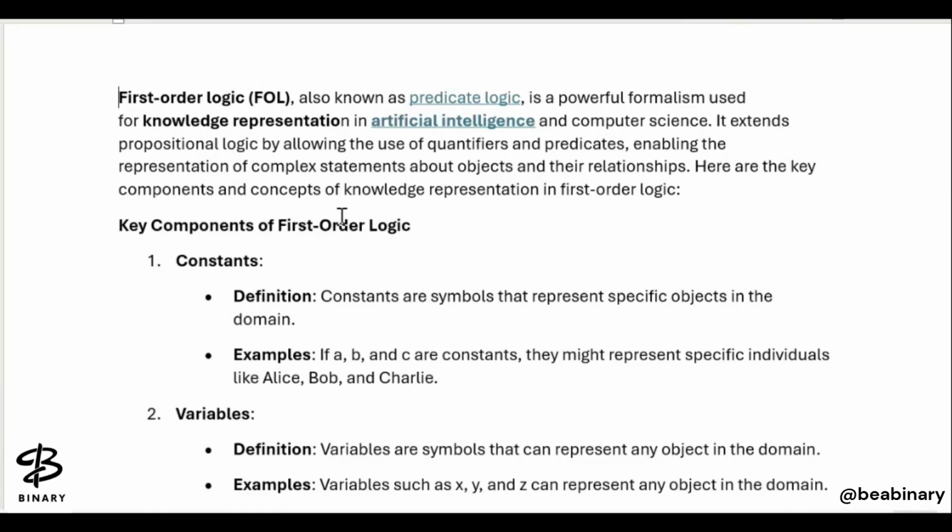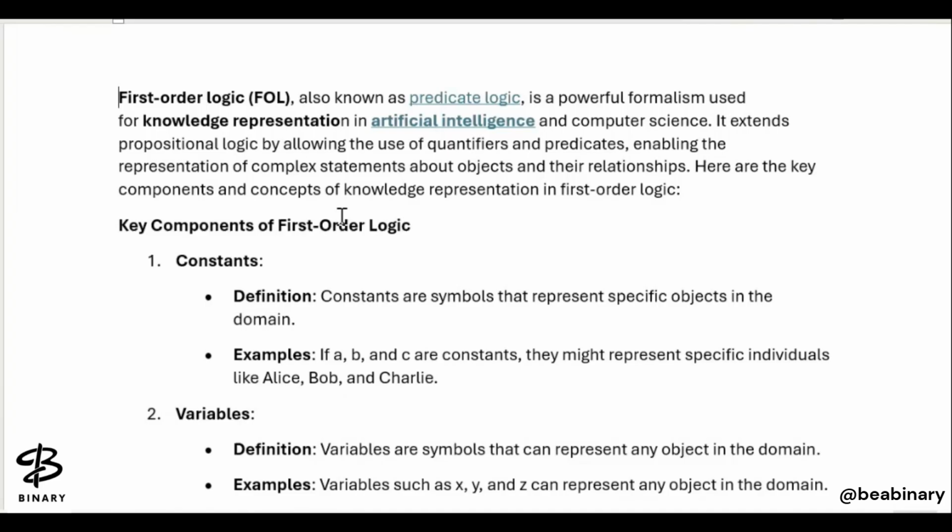Then we discussed that the variable is another component of predicate logic when we use it in knowledge representation in artificial intelligence. A variable can represent an object in a particular domain. It can be substituted with particular values to obtain a proposition.